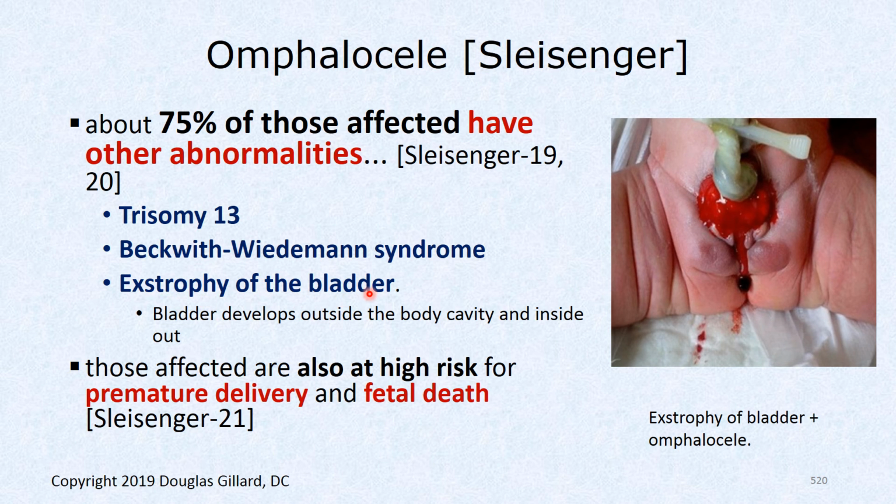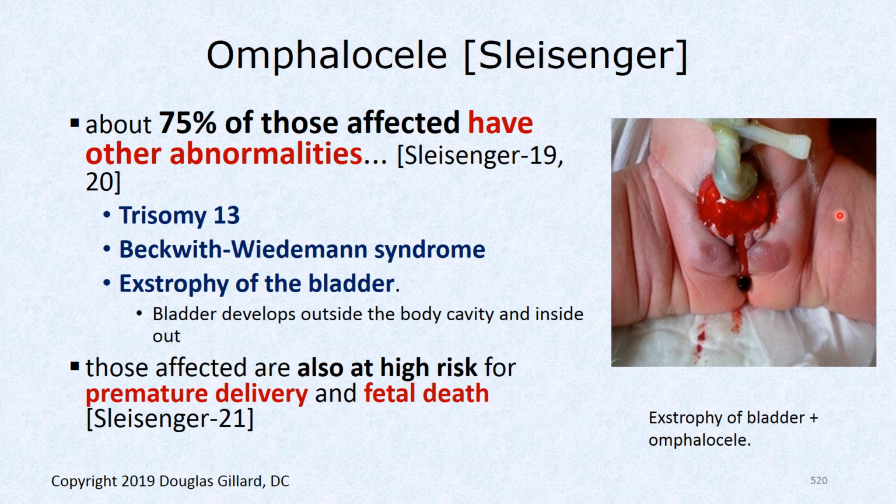Exstrophy of the bladder is another one, where the bladder develops outside of the body. So this one had an omphalocele, you can see here. Not a bad one. There's the cord clamped off, but the omphalocele is inside the cord still. But they had a bladder developing outside of the body cavity as well.